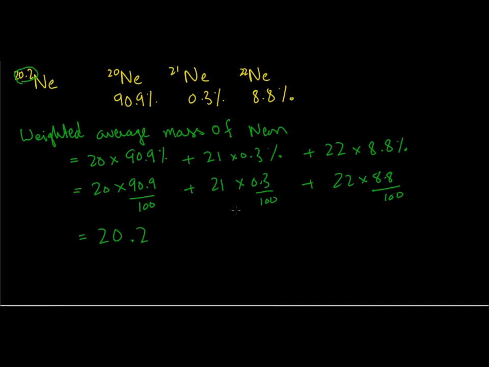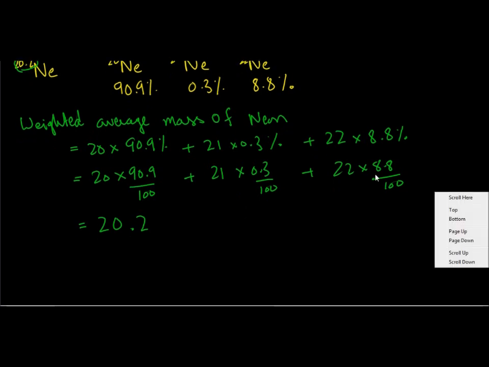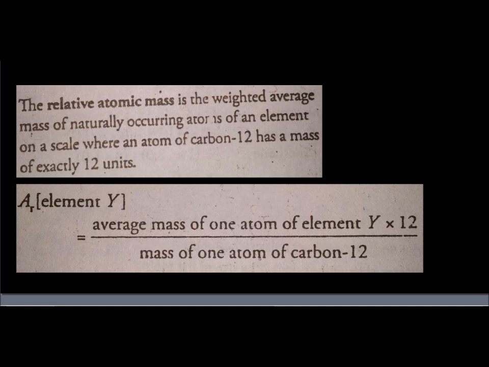So now we're going to do a couple of definitions. Initially we said that the mass of a proton is 1 unit, right? So when you look at the periodic table and you see carbon, you said its mass is 12 because it has 6 protons and 6 neutrons, right? But we need a more standard definition. So scientists have come up with this definition for the relative atomic mass, alright?